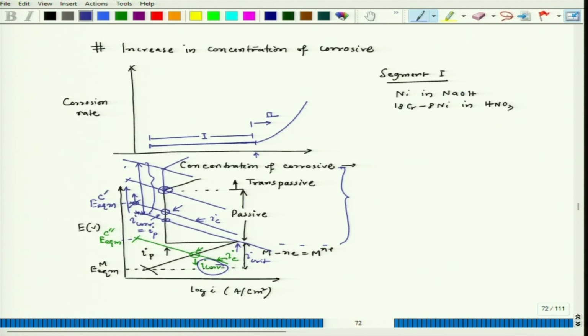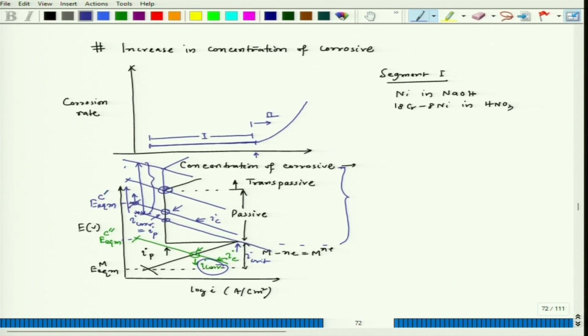So, over a wide range of concentration, the material can remain in the passive zone. So, you have a constant current density equal to I passive, and the corrosion rate also remains almost constant.